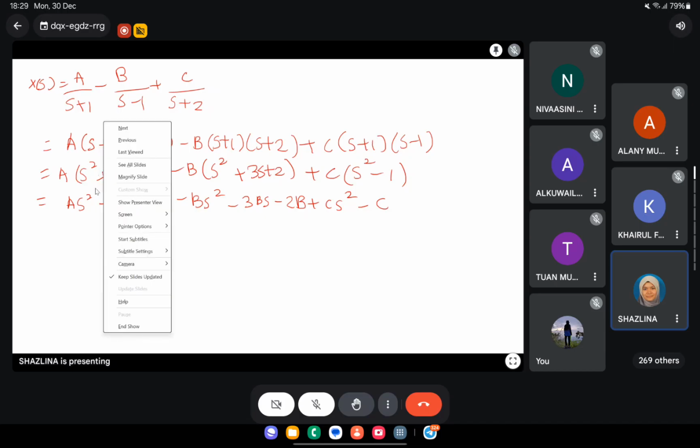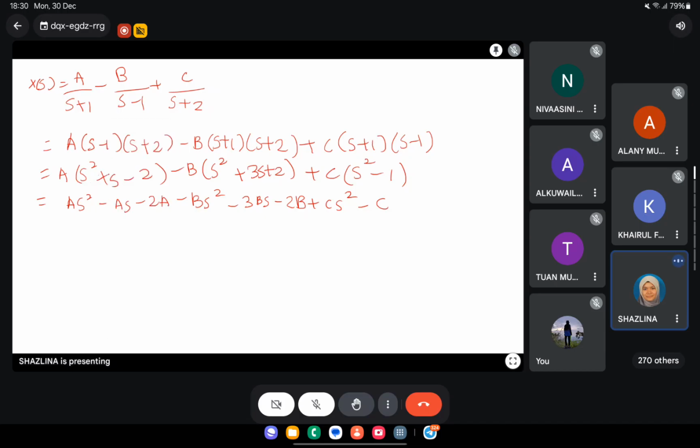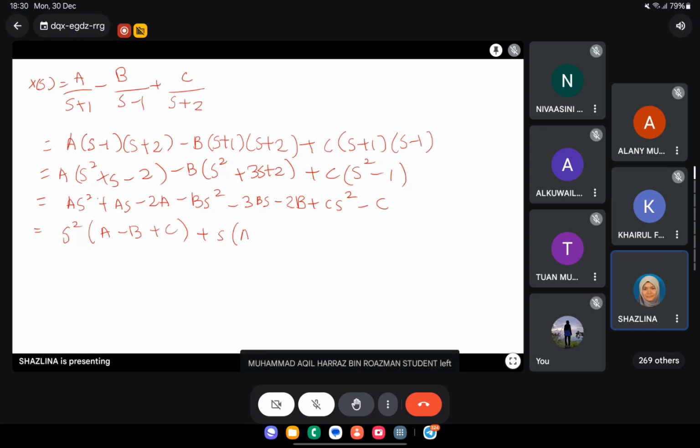Oh, okay. So this is As squared plus As minus 2A. So A minus B plus C, s. A minus 3B. Did I miss one more s? No?